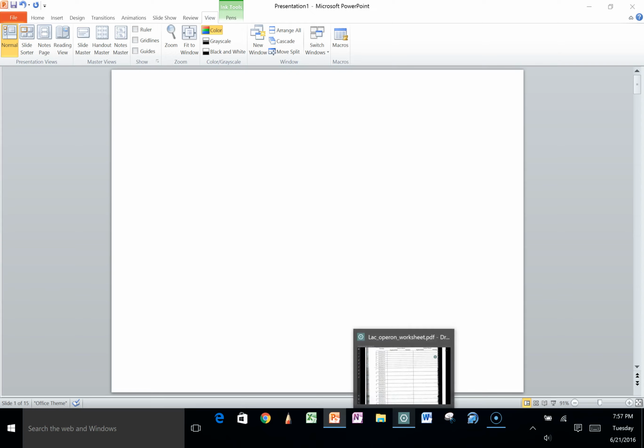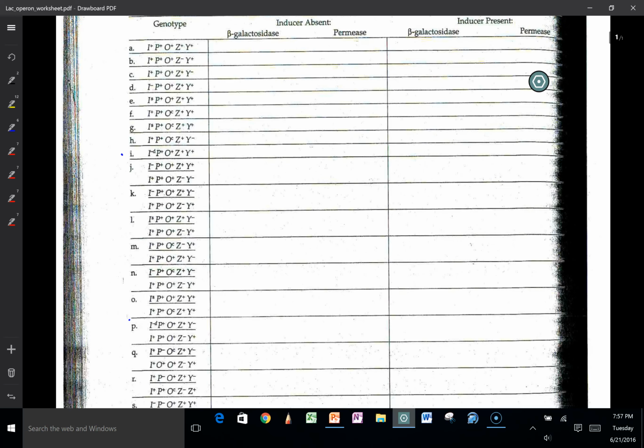All right, so what I want to go over in this video is this lac operon worksheet. It covers a whole bunch of mutants that were used by Jacob and Monod back in the 40s, I think. It might have even been as late as the 60s, to figure out how genes are regulated.